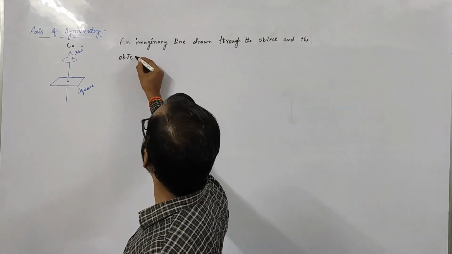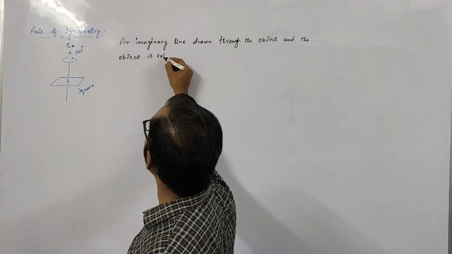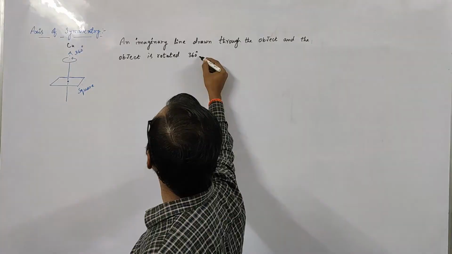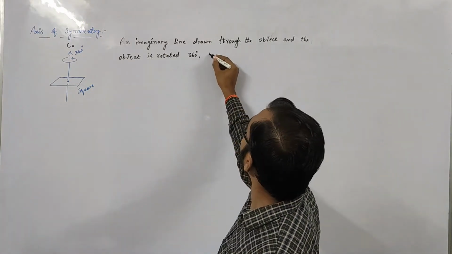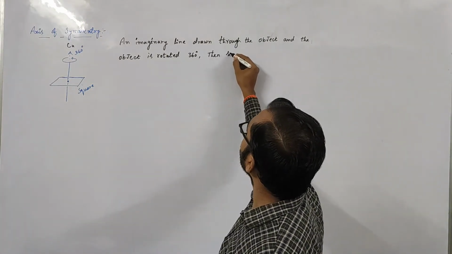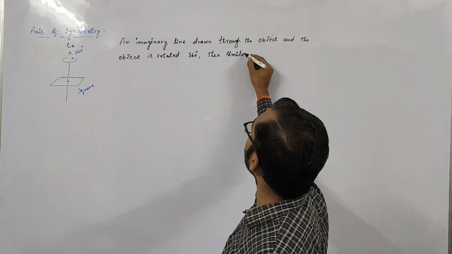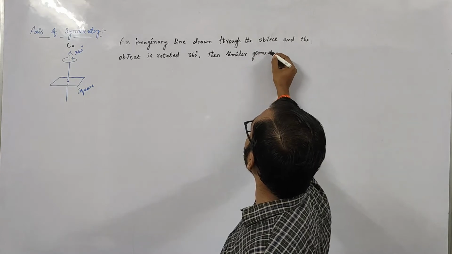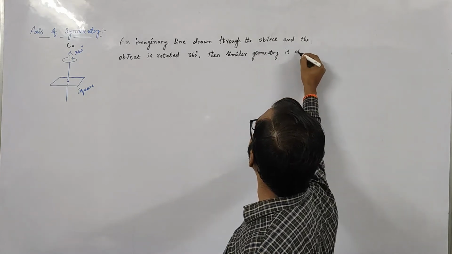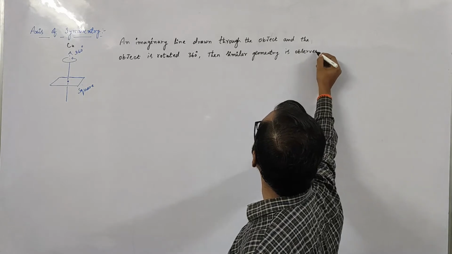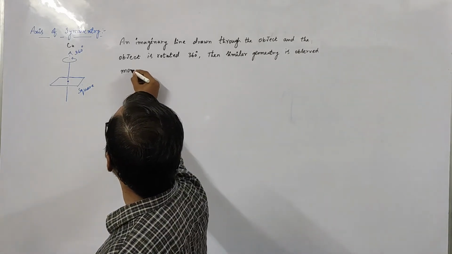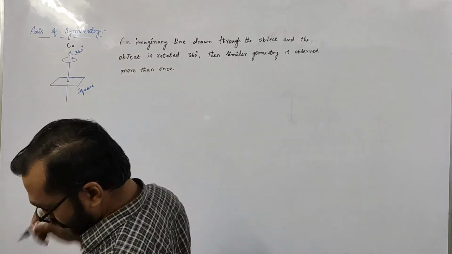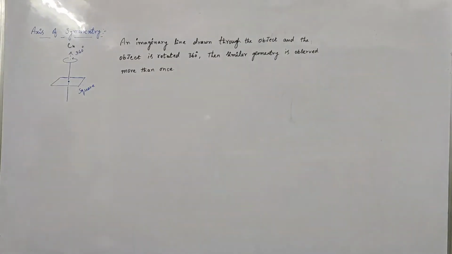Then similar geometry or structure is observed more than once. Then we say that the object has an axis of symmetry.